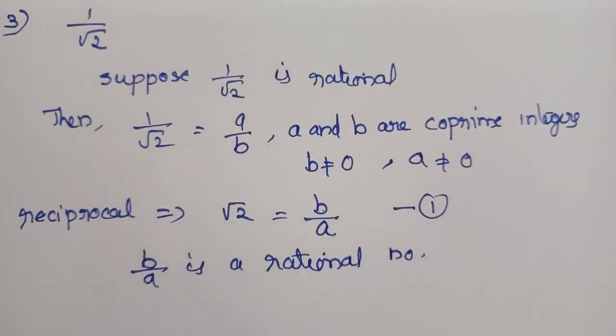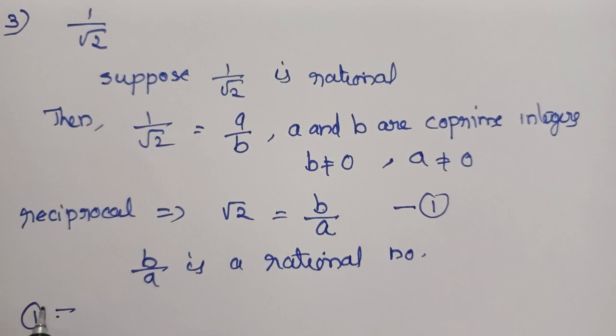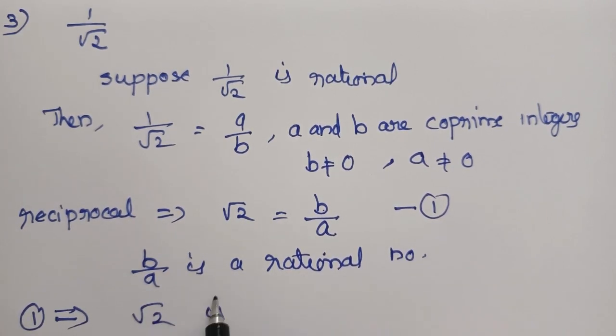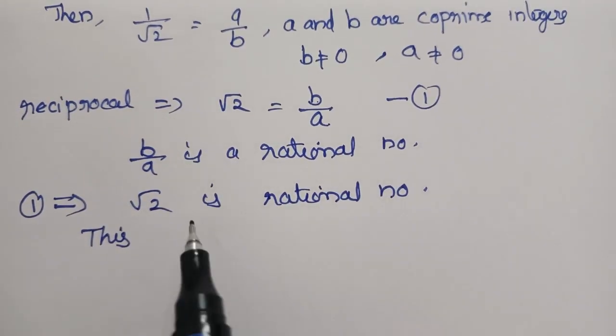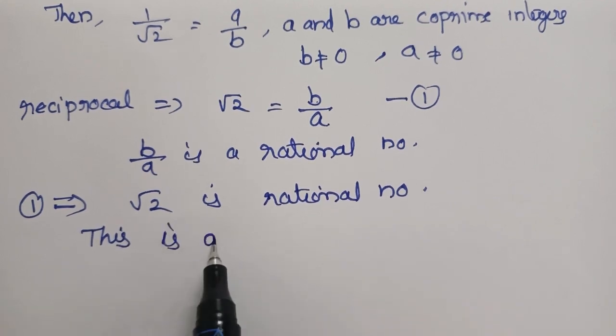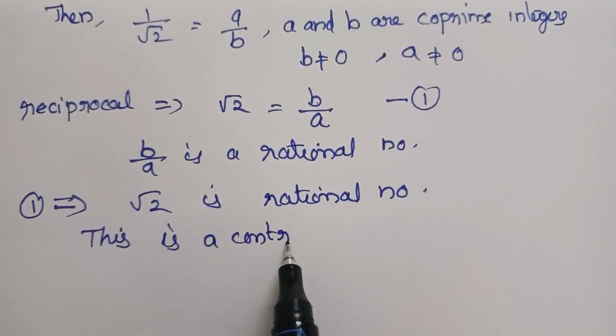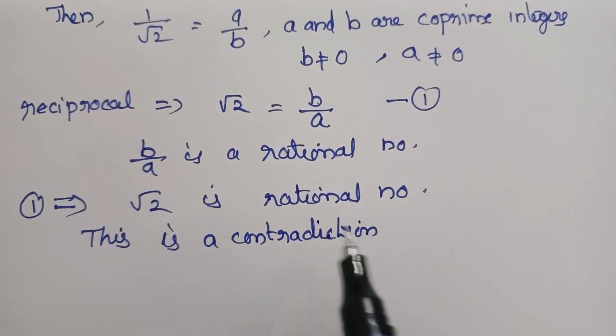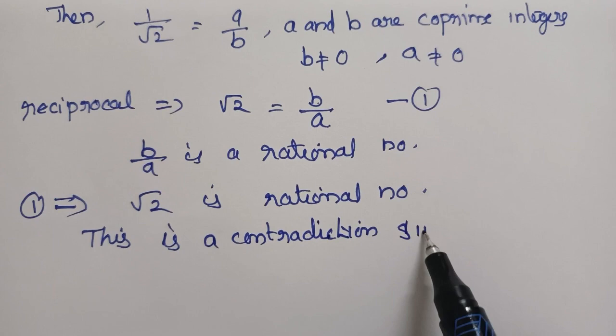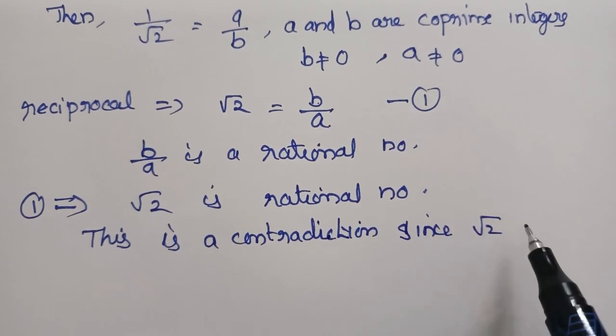That is, from 1 we get b by a is a rational number, which means root 2 is also a rational number. This is a contradiction, since we know that root 2 is irrational.